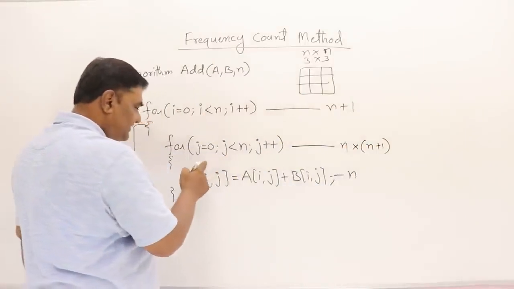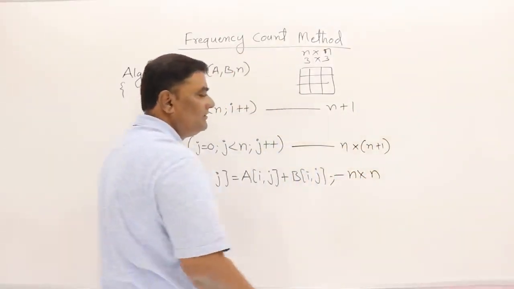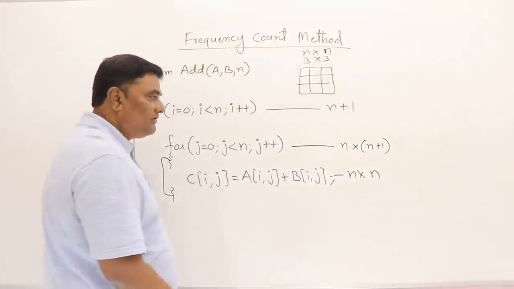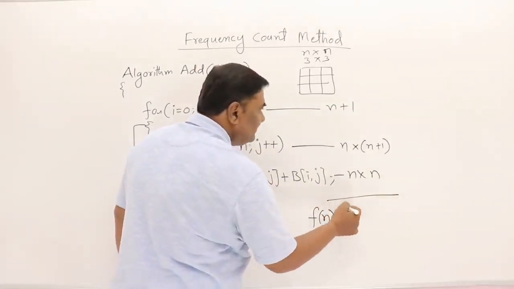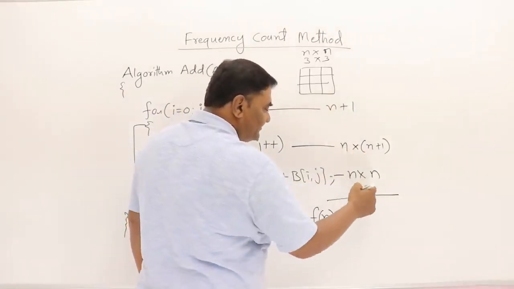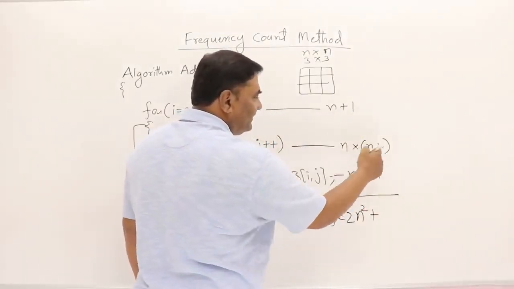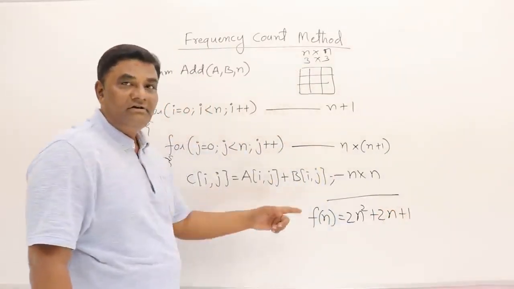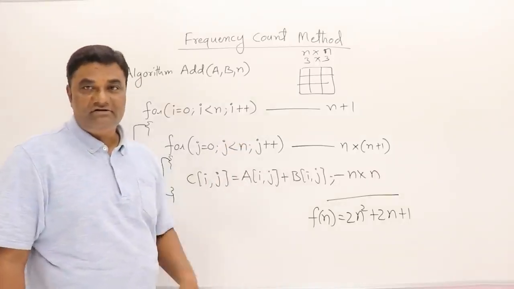Then whatever is inside this one will execute n times. That's it. Now what is the time taken by this one? f of n is n square, 2n square plus n and n, so 2n square plus 2n plus 1. This is the time function for this algorithm.